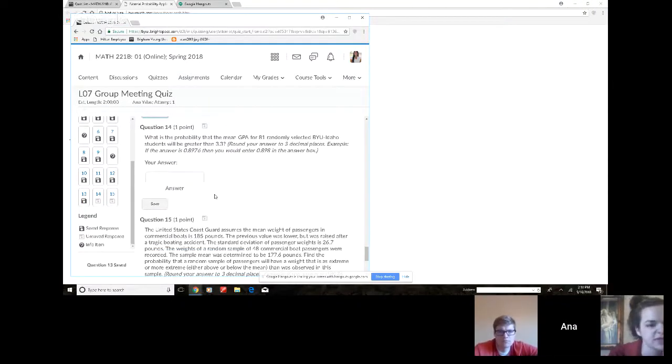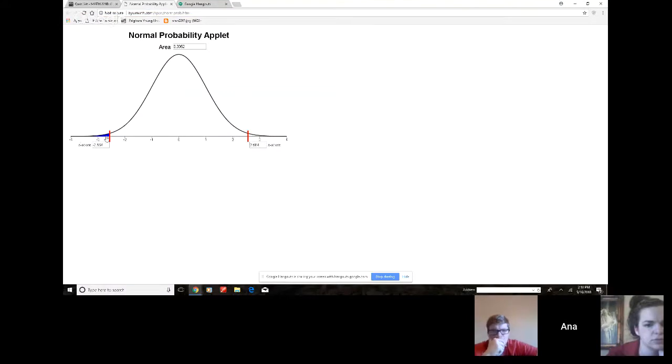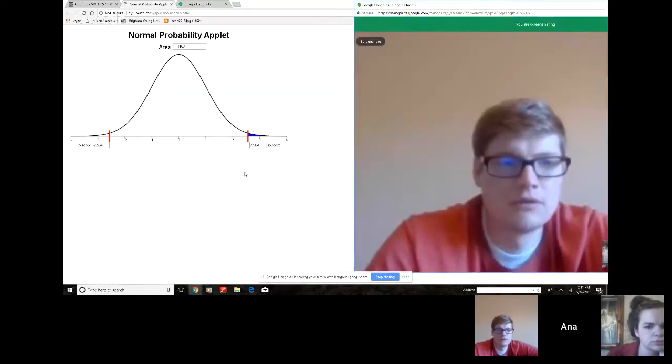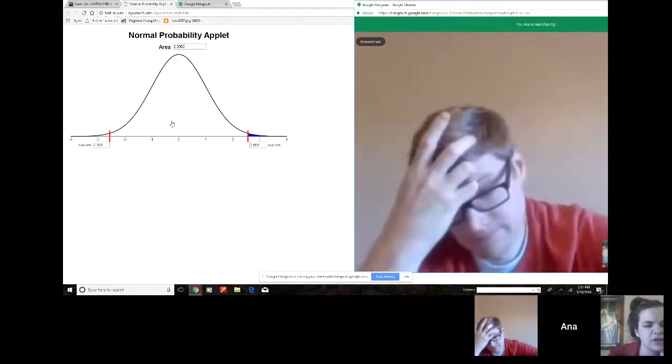Number 14. What is the probability that the mean GPA for randomly selected BYU Idaho students will be greater than 3.3? Oh, easy. Now it will be greater, so I take this off and put it right here. 0.052? I think you have to do the middle one too. Try clicking the middle one.